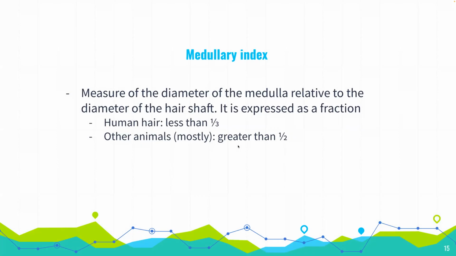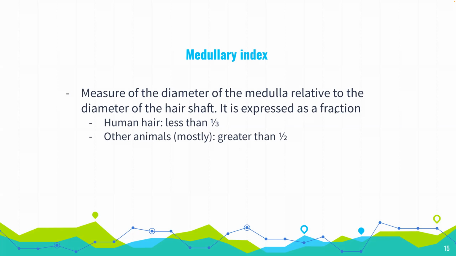All right, so here is the medullary index. I'm not going to make you calculate it like I did with RF value last time. This is the measure of the diameter of the medulla to the diameter of the hair shaft, so it's kind of like a ratio. It is expressed as a fraction.